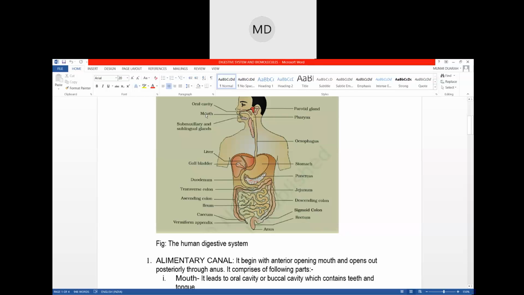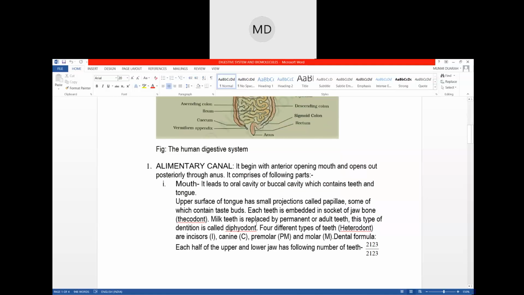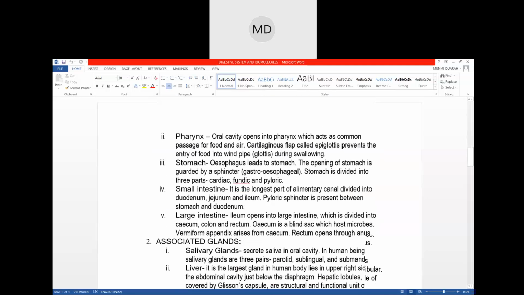The parts of the alimentary canal are mouth, pharynx, esophagus, stomach, small intestine, large intestine, and anus. The starting should be the mouth and the ending should be the anus. So this is the alimentary canal.